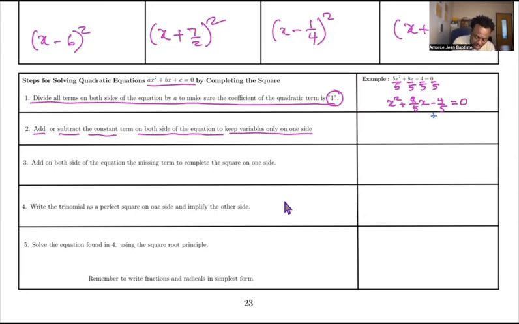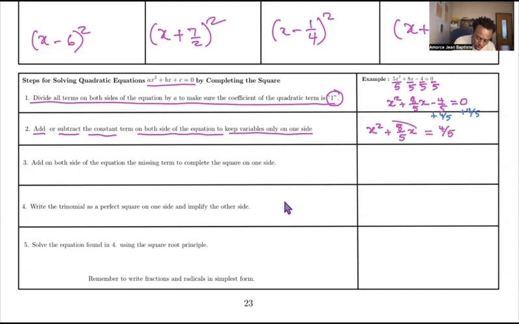So let's add 4 over 5 on both sides. And the new equation is now x squared plus 8 over 5x equals 4 over 5.